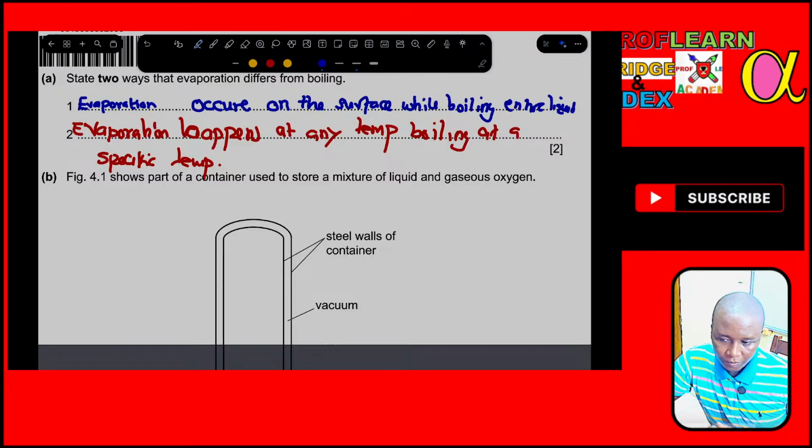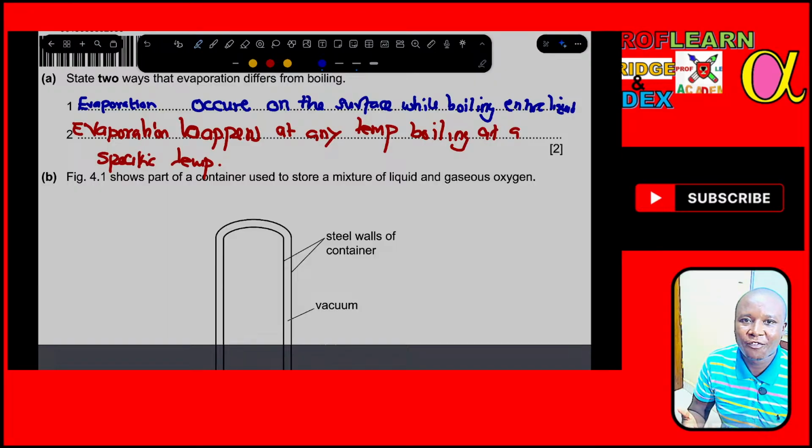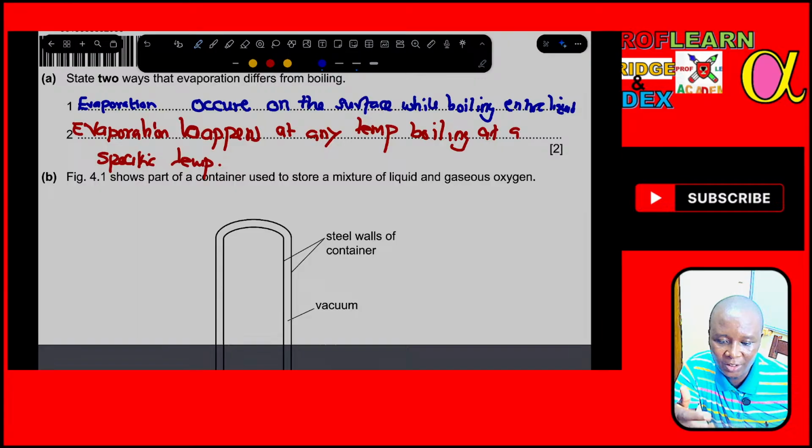All right, sometimes you may be asked, how does evaporation cause cooling? You need to be careful about it, because such a question can be asked, and you really need to know how to approach it. If you are asked how evaporation enhances cooling, remember that evaporation occurs because energetic molecules escape from the surface of the liquid.